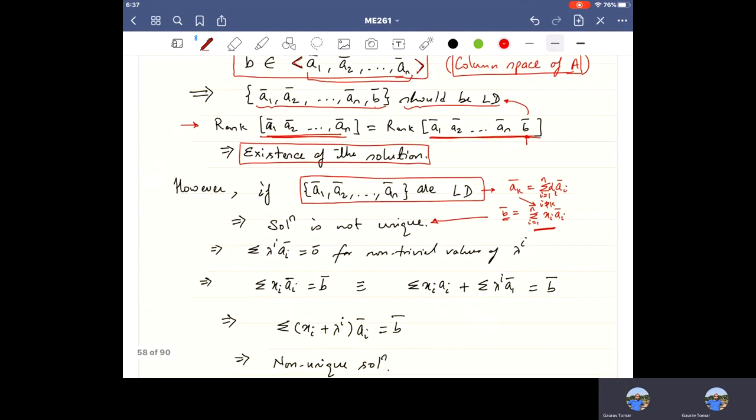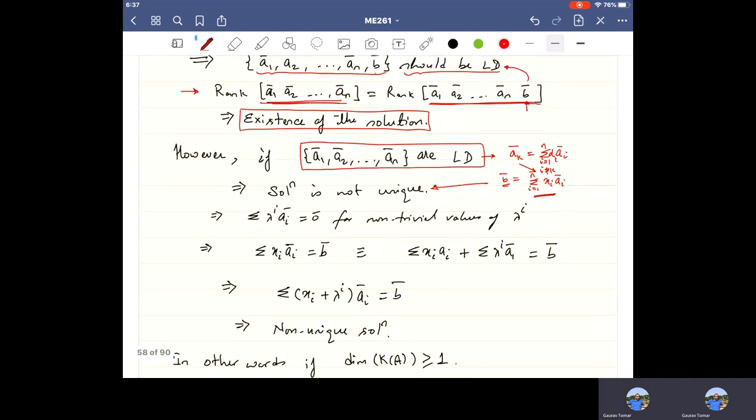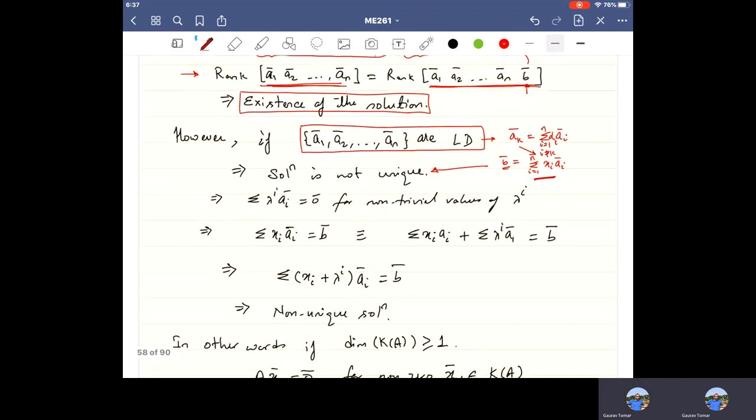Now you can see this in another way also. Let's say the summation of xi Ai is equal to b, and because the set is linearly dependent, we can write the zero vector as a summation of lambda I Ai for non-trivial values of lambda I, that is, not all of the lambda I are zero.